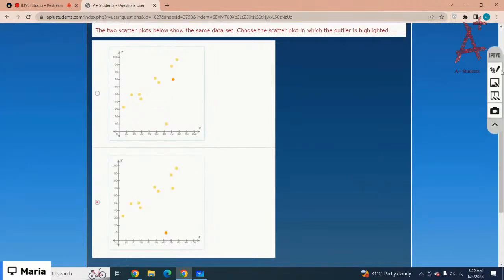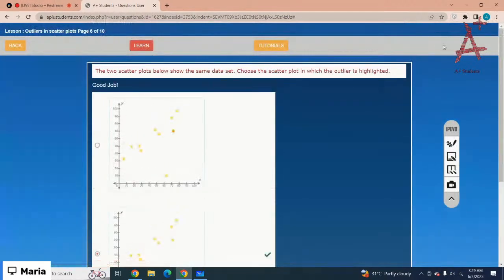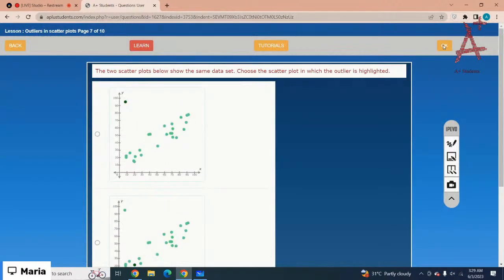Got it? Because it's a higher or lower value, it would be much more separate from the rest of the data. So which is the correct option? That would be option number 1, that is the outlier.